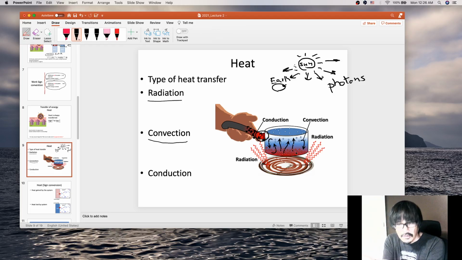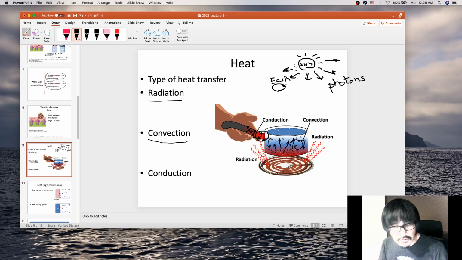So hot water is going to move around to heat up the entire body of the water. So basically that heat is transferring like this, many times. It's moving all over the place. Those are convections. Convection relates to something that's moving.